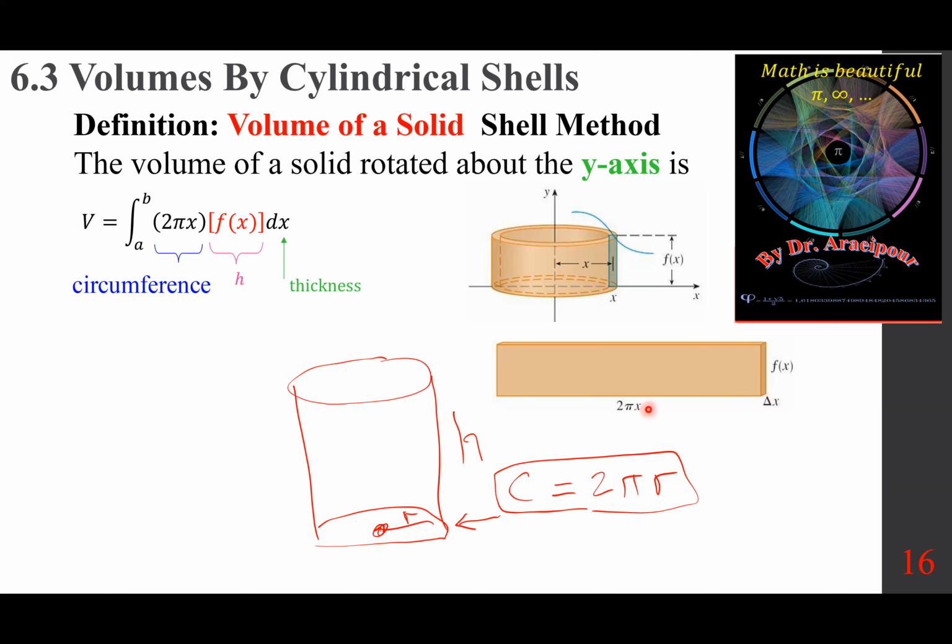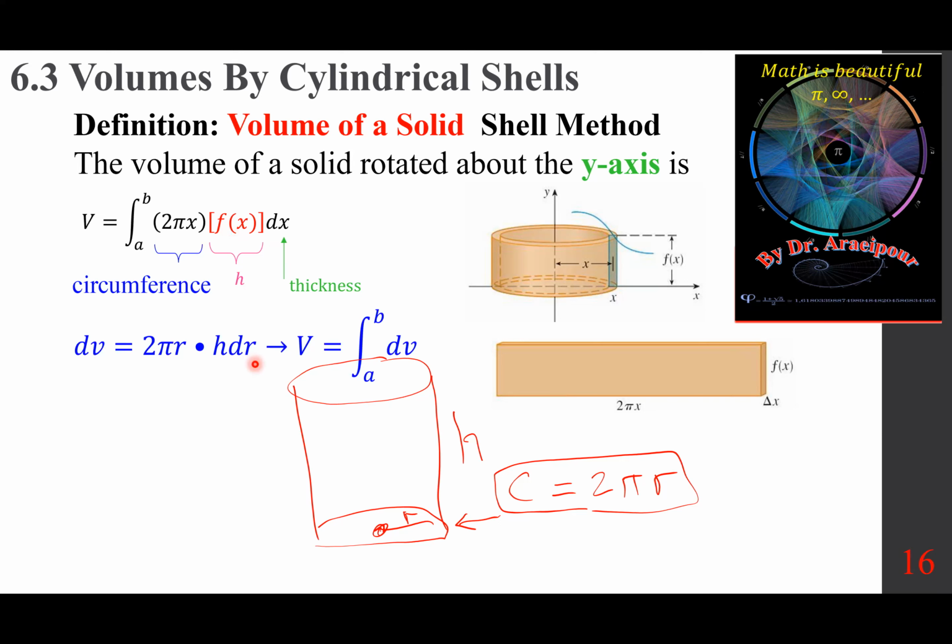So 2 pi r or 2 pi x is the surface. When you multiply it by delta x, it becomes the volume of that piece.